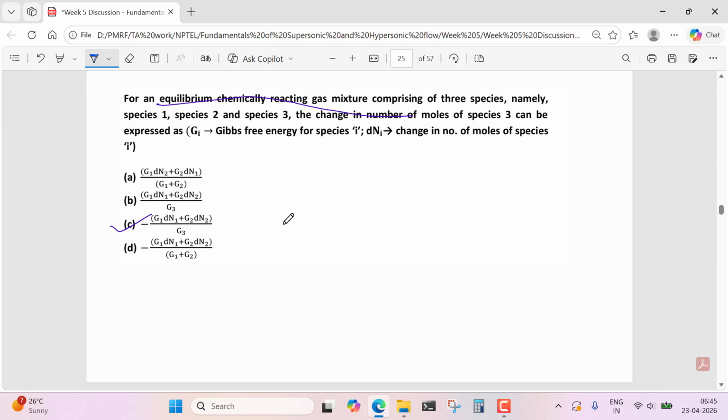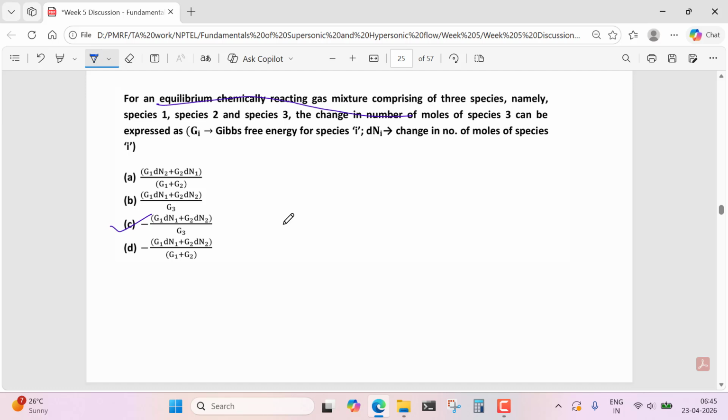We'll see the next problem. For an equilibrium chemically reacting gas mixture comprising 3 species, namely species 1, species 2 and species 3, the change in number of moles of species 3 can be expressed as, where Gi is the free energy of species i, dNi is the change in number of moles of species i.